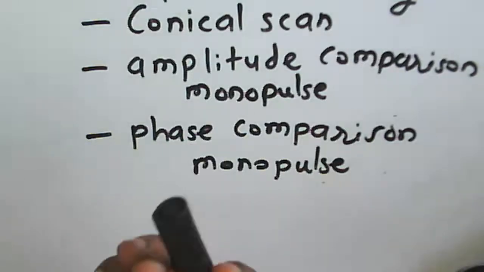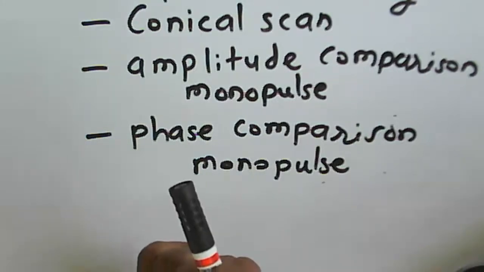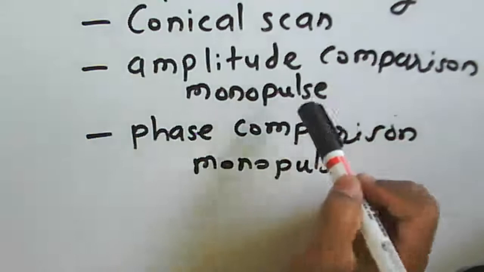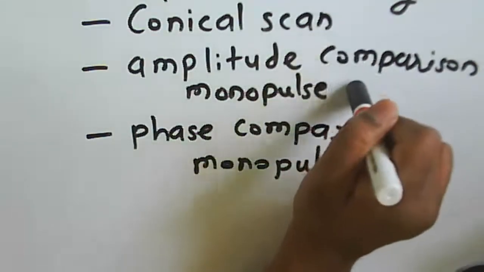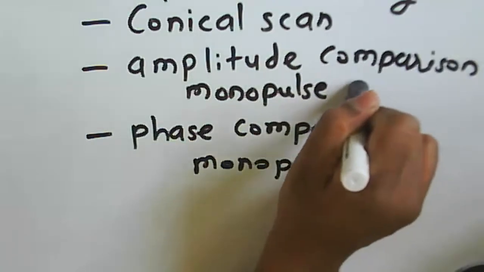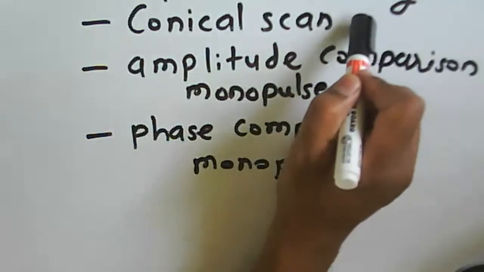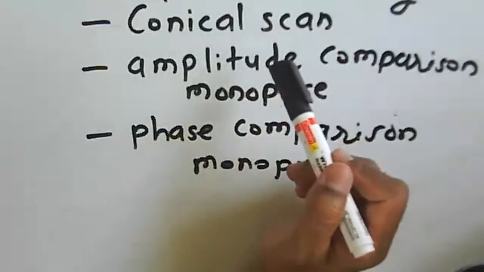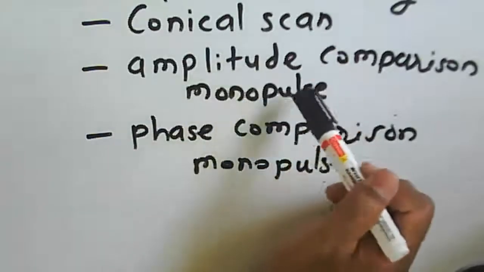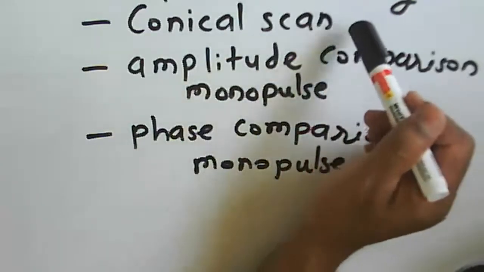If you compare the signal to noise ratio, there is a small variation. The signal to noise ratio available from the monopulse tracking radar is greater as compared to the conical scan radar.